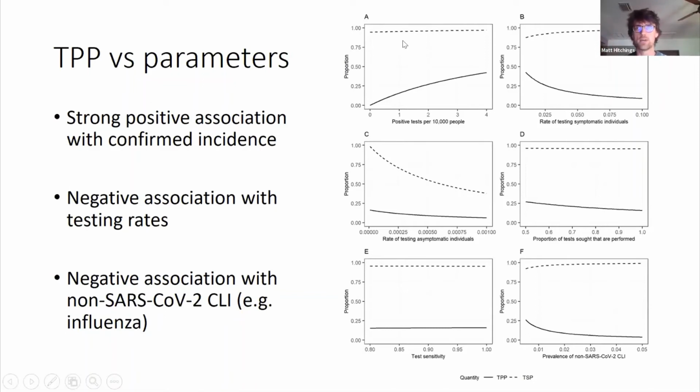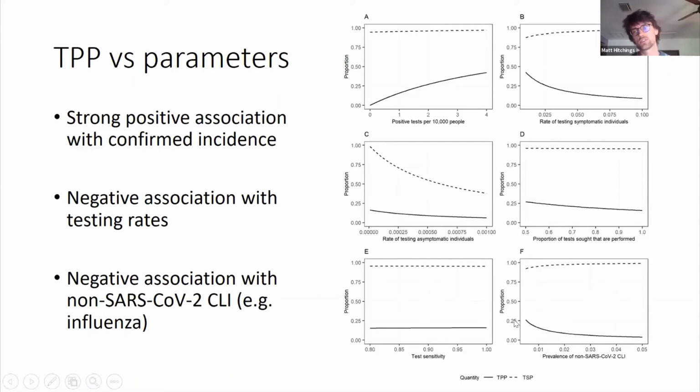And as we see in panel A, that means lower TPP. I think your question is relevant to the bottom right panel, where if you have more people who have CLI for some other respiratory pathogen, they are going to seek testing at a higher rate, and they'll take tests away from people who are truly infected with SARS-CoV-2.